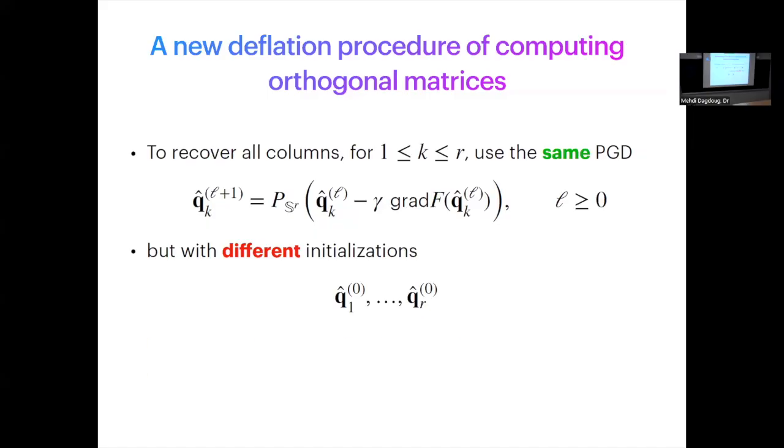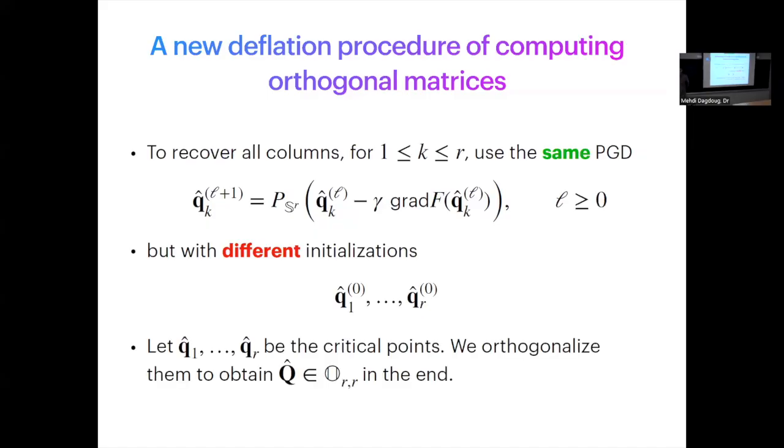And this will give you R critical points from these rounds. However, there is one thing: they are not orthogonal just by this construction. So we won't have an orthogonal matrix, and we do an orthogonalization in the end. Okay, and this is the whole procedure we have. And there is only one thing left, which is how to choose the initialization.